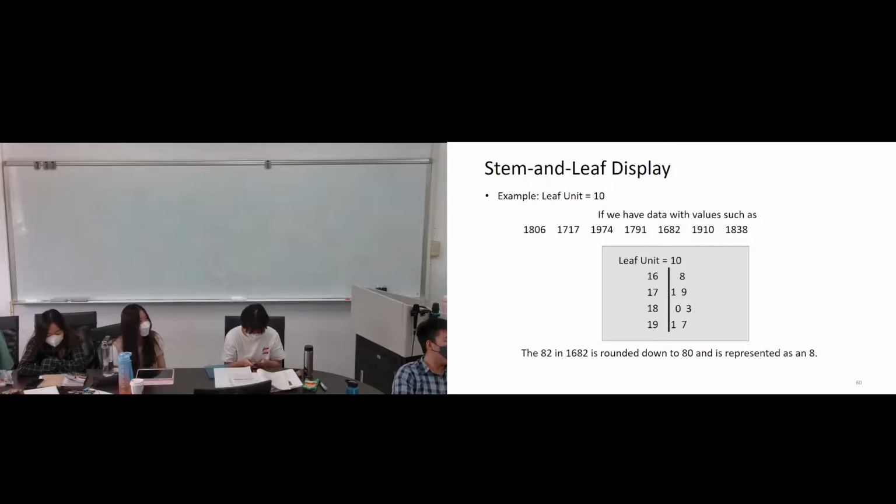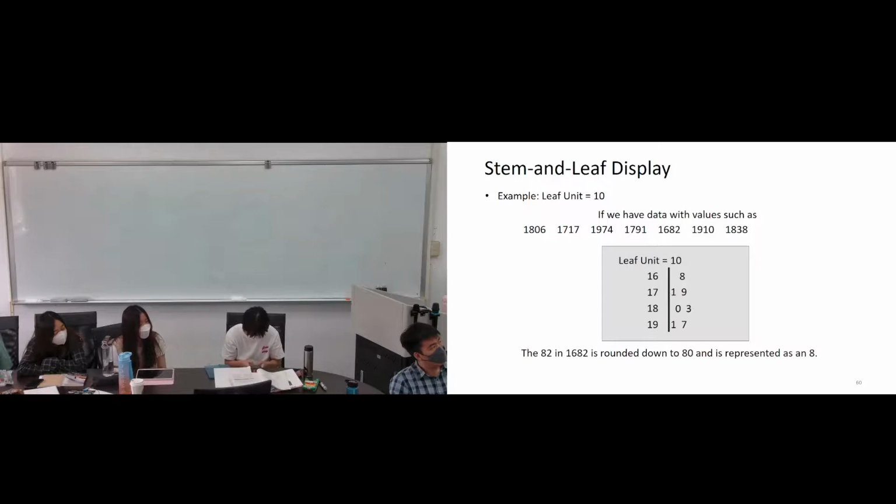In this example, we have values such as 1806, 1717, 1974, 1791, 1682, 1910, 1838. The leaf unit represents 10.